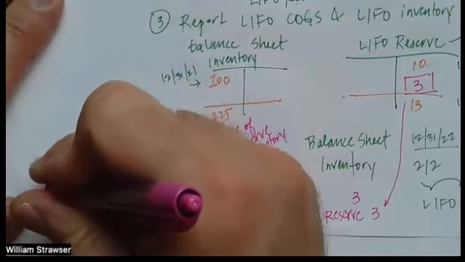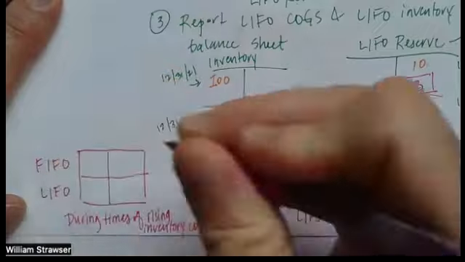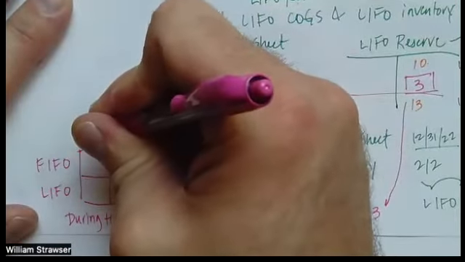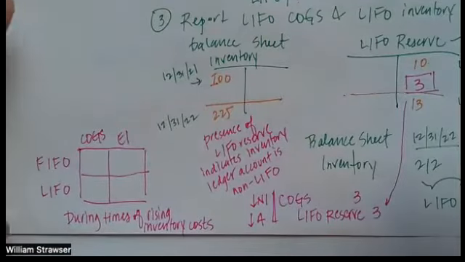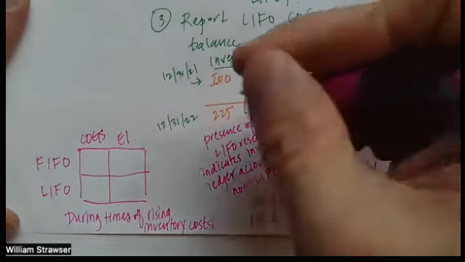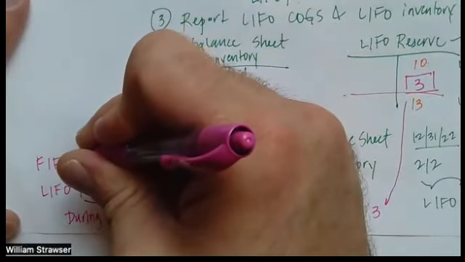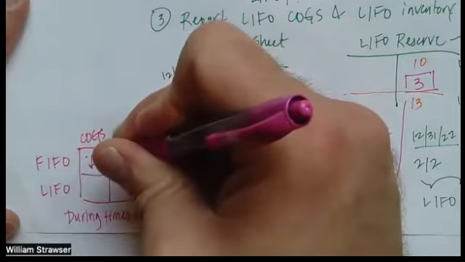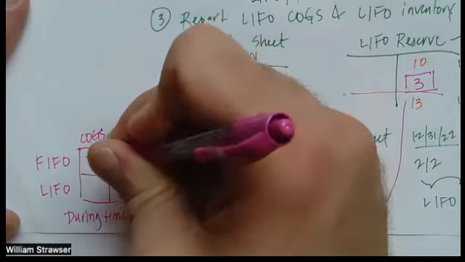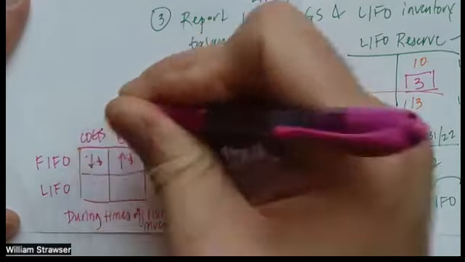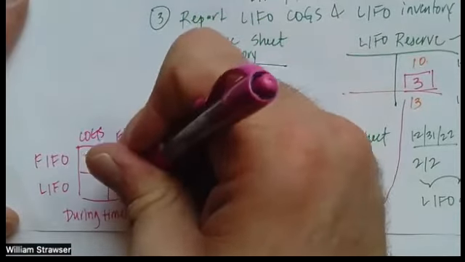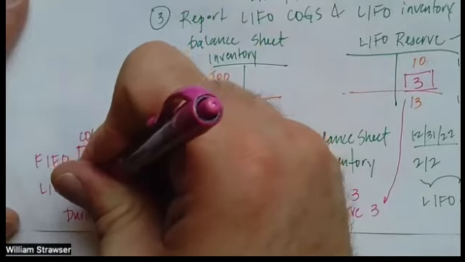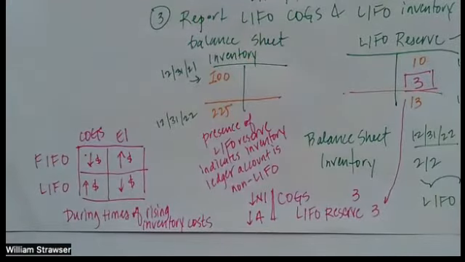FIFO and LIFO are opposite ends of the spectrum. What happens to cost of goods sold? What happens to ending inventory? During times of rising inventory costs, FIFO records lower cost of goods sold and higher ending inventory. LIFO does the exact opposite: higher cost of goods sold, lower ending inventory.